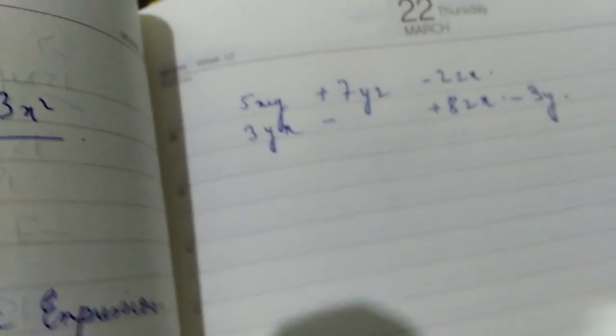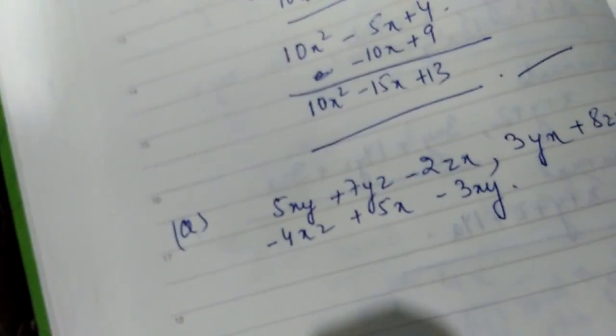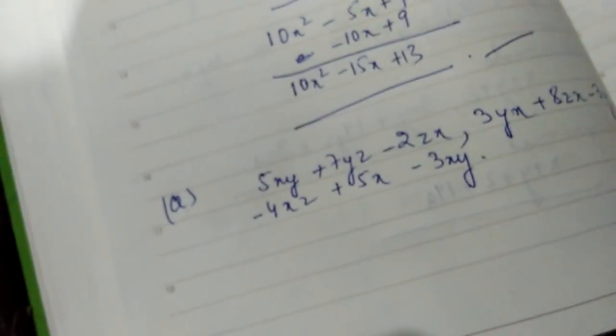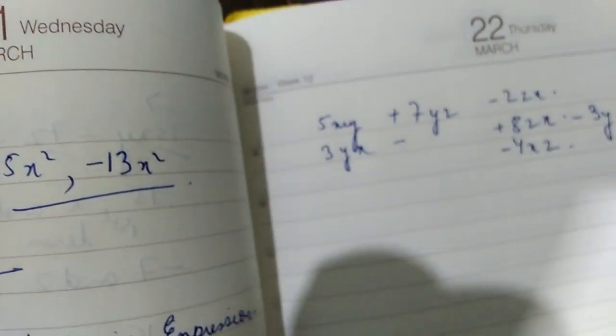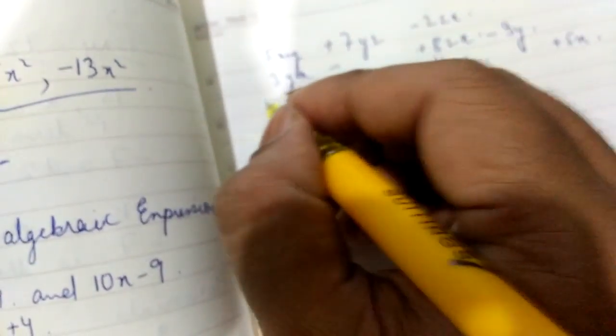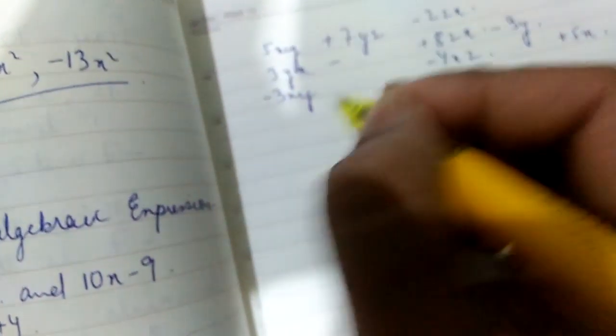Now we will take the third expression: minus 4xz. Then plus 5x, there is no term of x in the above two expressions, and minus 3xy, so we will add it.